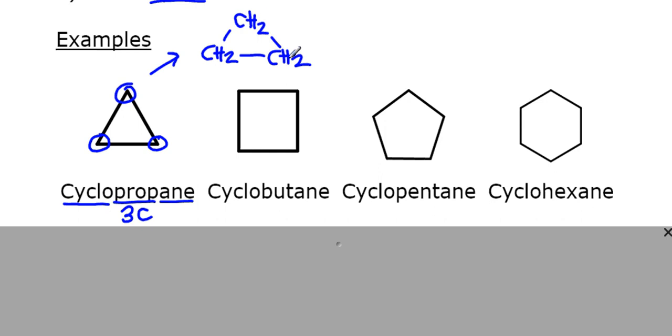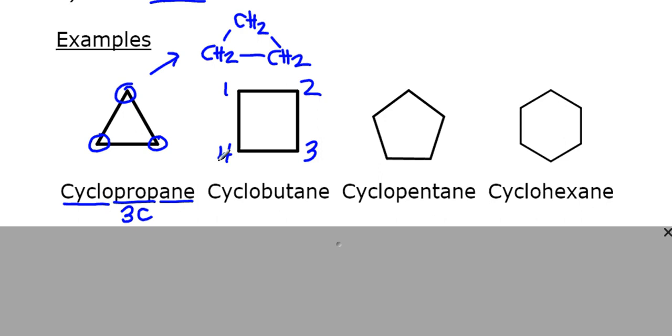Why do these carbons only have 2 hydrogens attached to them? Remember, carbon can have 4 bonds. So this carbon has 2 bonds around it, and then it has 2 hydrogens around it. If we look at the other ones, we can see there's a square here. There's 4 points to a square, and you could number any way you wanted around here.